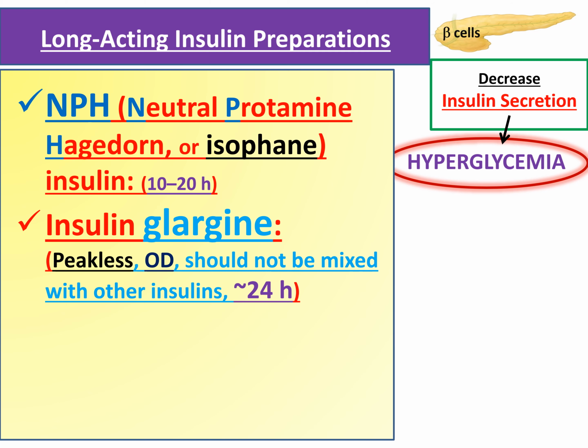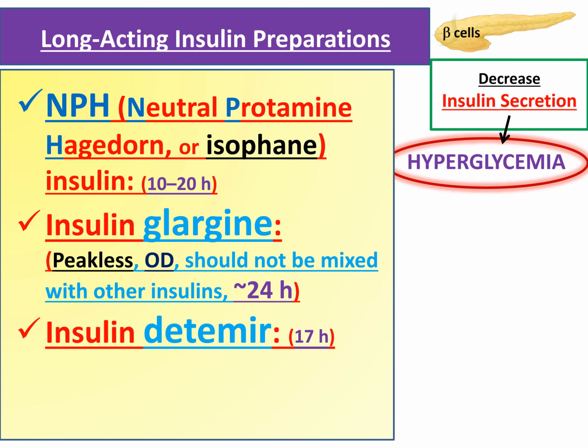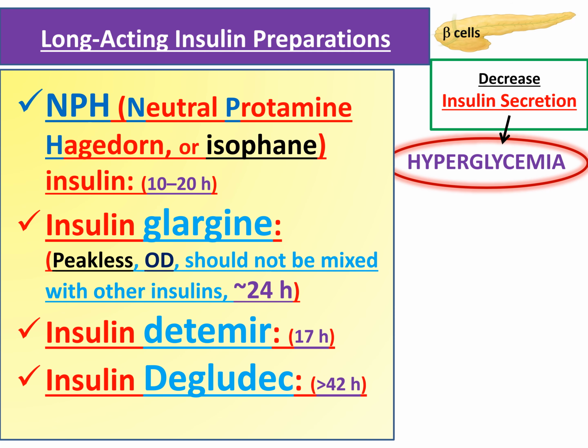The real long-acting insulin preparation, insulin glargine, is a peakless one given once per day because it's effective up to 24 hours. It should not be mixed with any other types of insulin. And insulin detemir works for about 17 hours. And insulin degludec will be working for more than 40 hours.